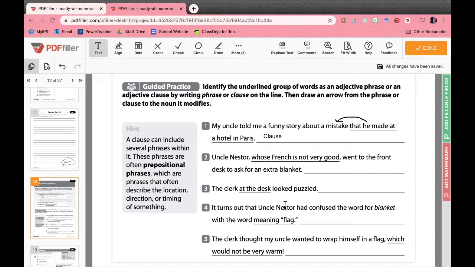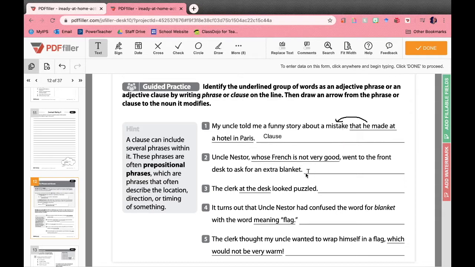The next one says, Uncle Nestor, whose French is not very good, went to the front desk and asked for extra blankets. So we have whose French is not very good. And here we have whose, which would be our subject. Is would be our verb. So we have a subject and a predicate.